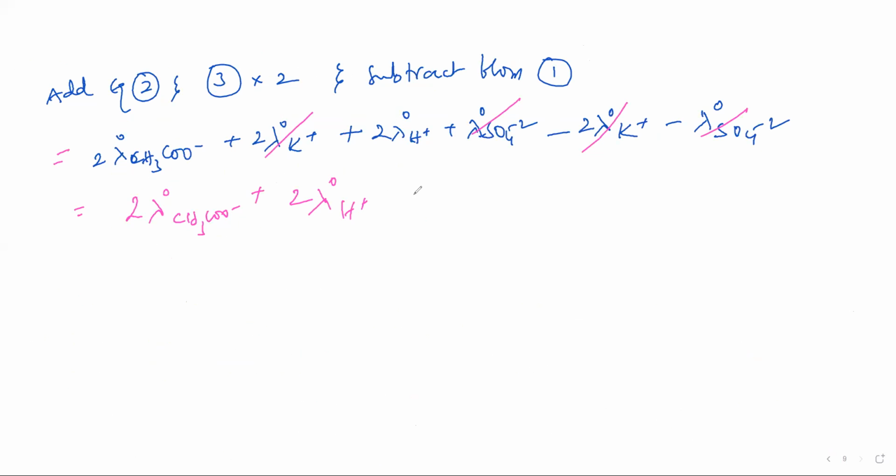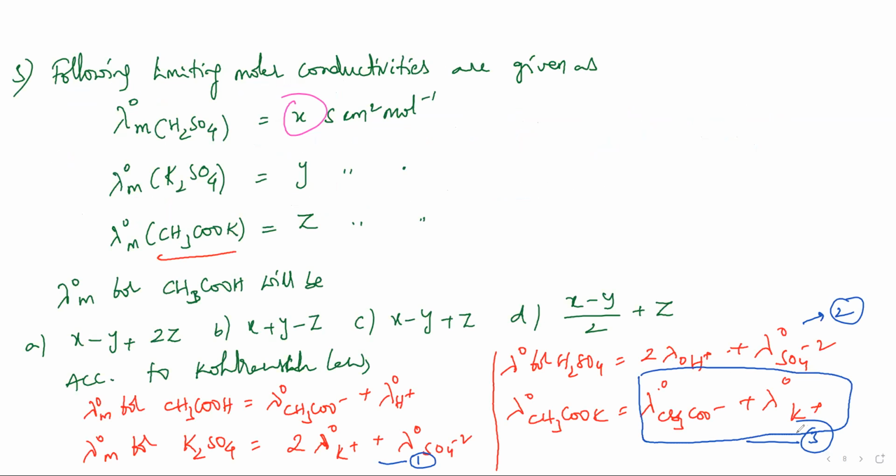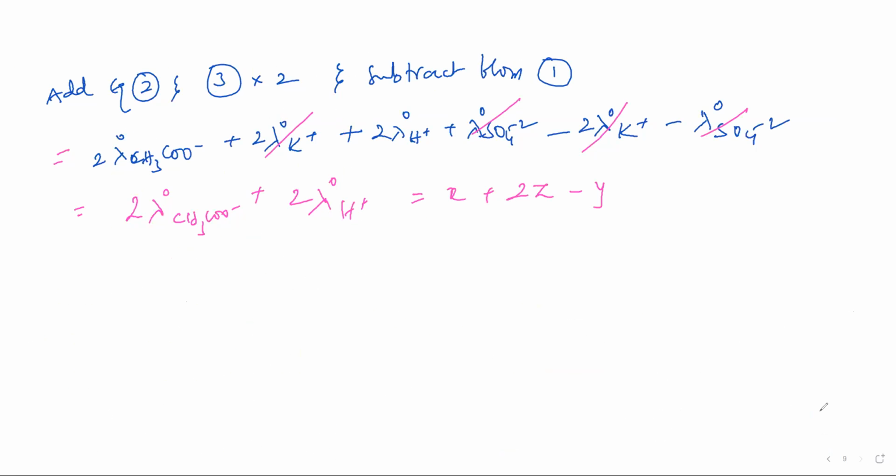X. So this is equal to X plus 2 into Z minus Y. Okay, so equation 3 is multiplied by 2. That is why it is 2Z minus the last one, minus Y. Right.